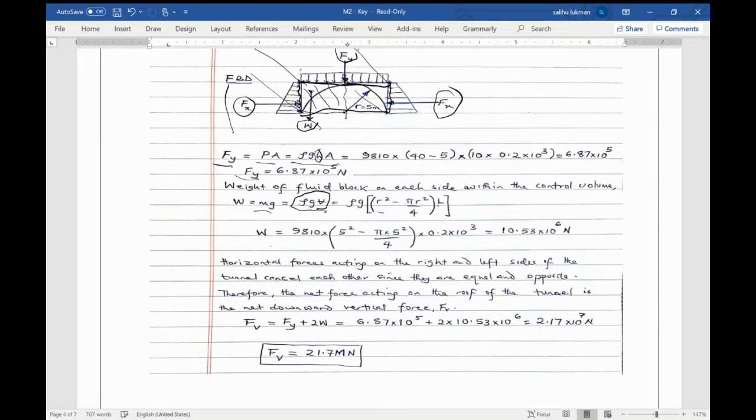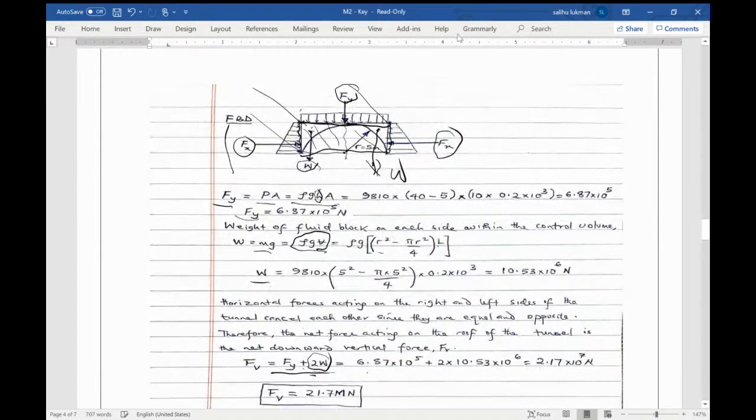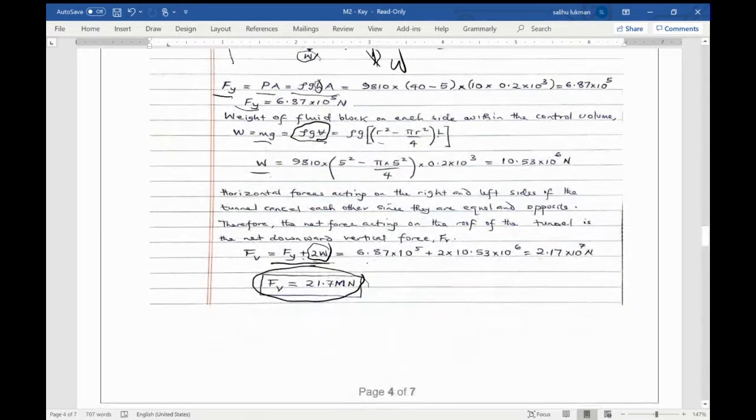So this is the weight in one section, the same weight on the other section. So the total force acting is simply Fy plus 2W, because here you have W and here you have another W, and you add them up. When I was computing, I will correct this. I forgot, this was the initial one, based on what I had before.